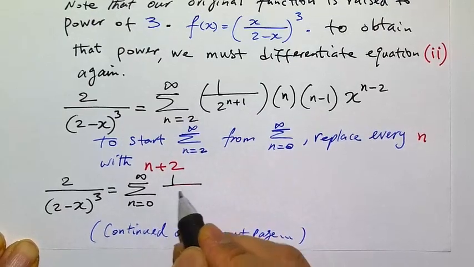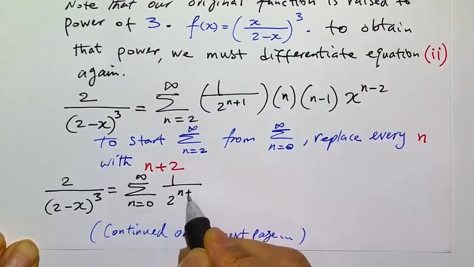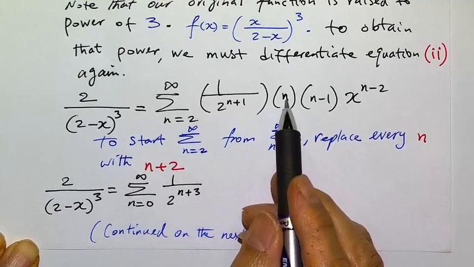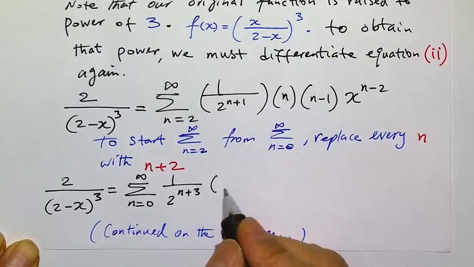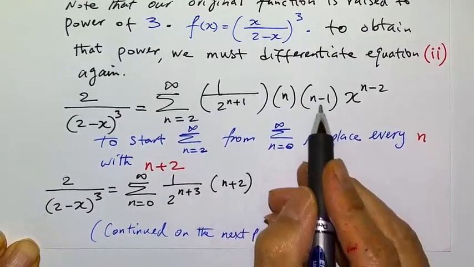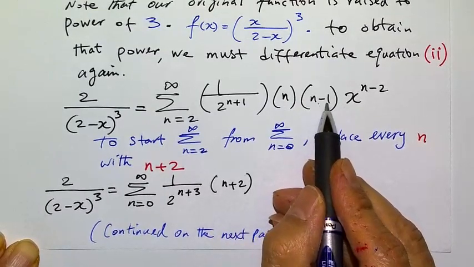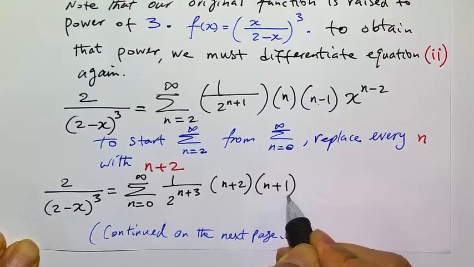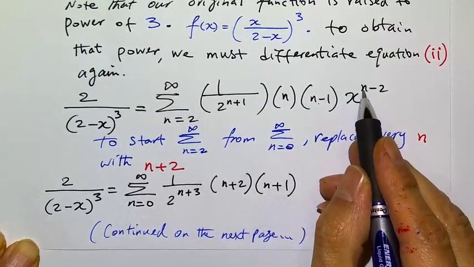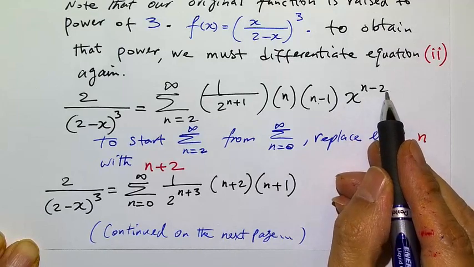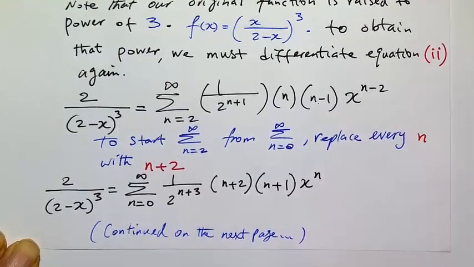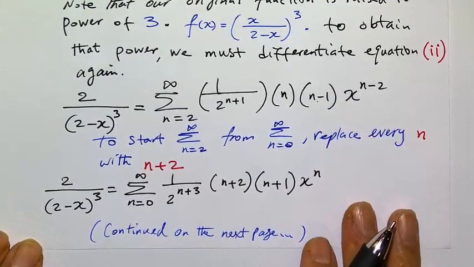So 1 over 2 to n plus 3 times, instead of that, n plus 2. Instead of n minus 1, n plus 2 minus 1 is n plus 1, right? And then n plus 2 minus 2, the 2 and 2 cancel out. We just get x to the n power. Okay?